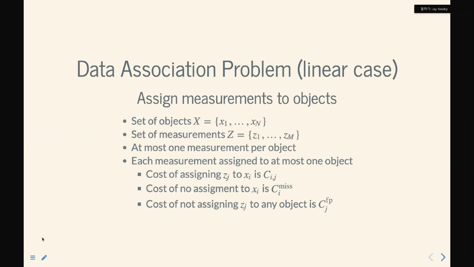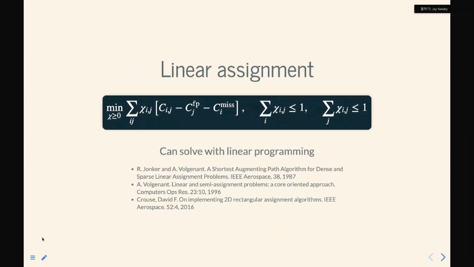And of course, there's a cost of not assigning a measurement to any object, right? So we have some parameters, and this comes from our statistical model. Given this optimization problem, there's a really fast and efficient algorithm for solving it.